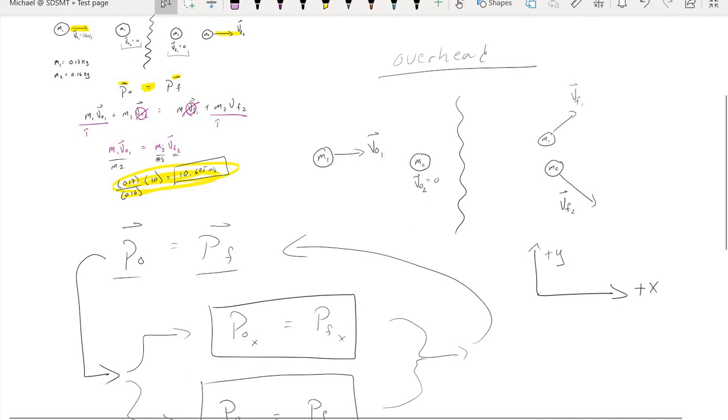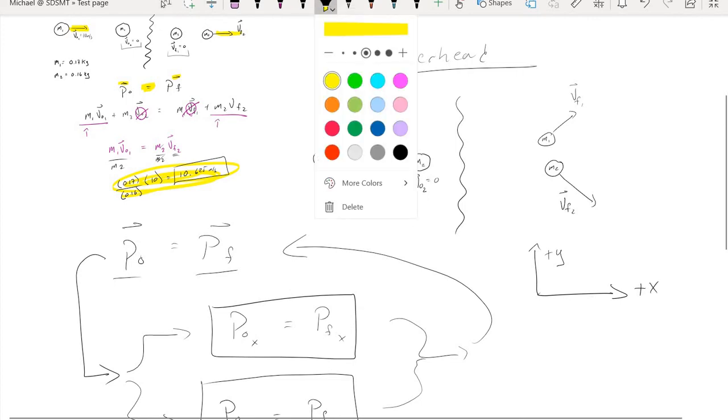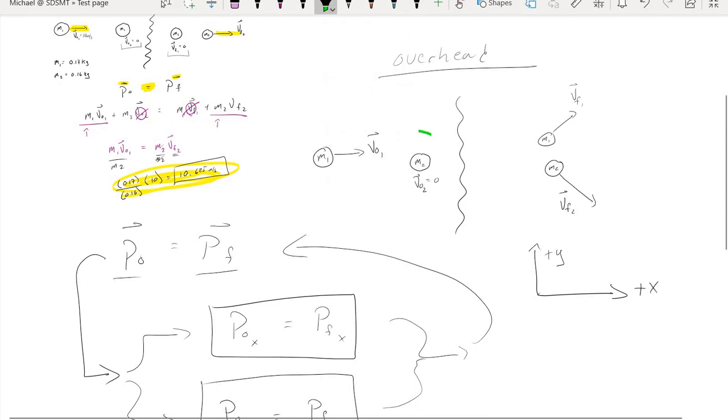Well, this makes for an interesting discussion because as far as our reference frame is concerned, everything before the collision just has momentum in the x direction. Mass 1 is moving in the x direction, mass 2 is stationary. There is no momentum in the y direction.